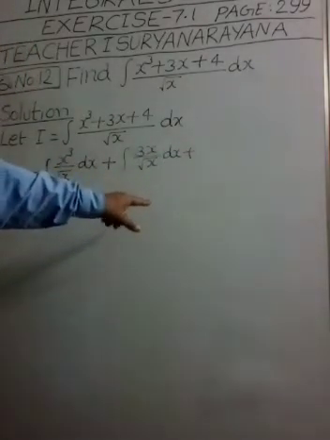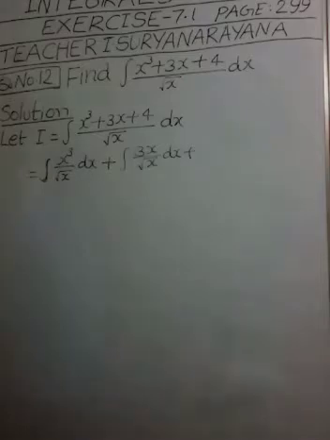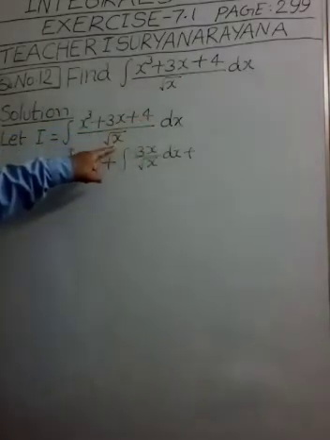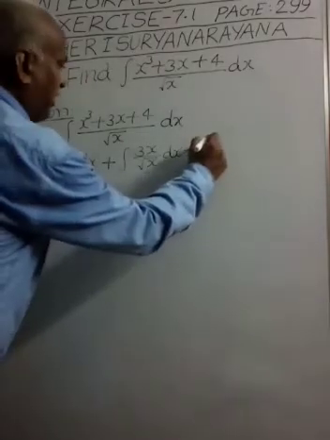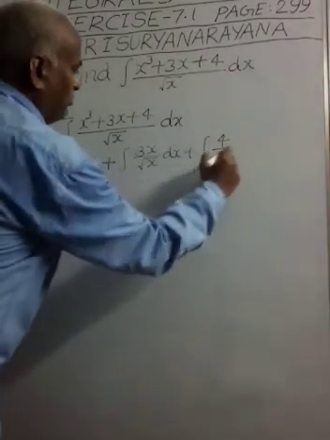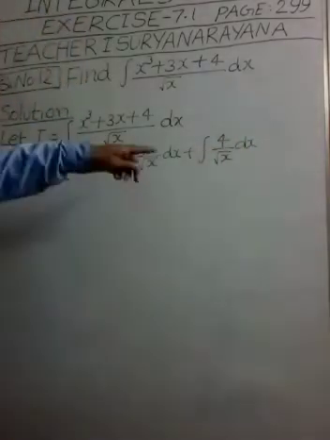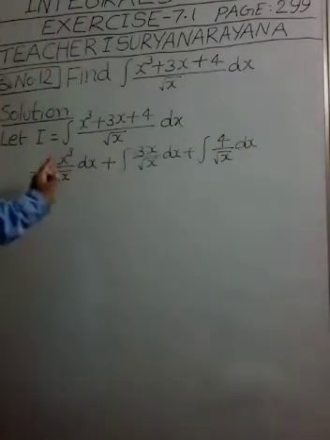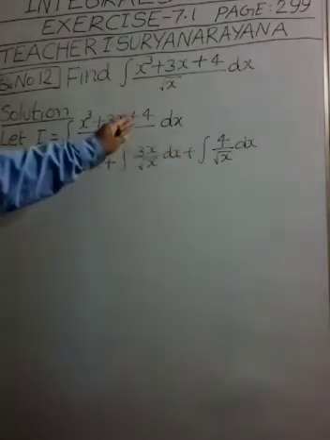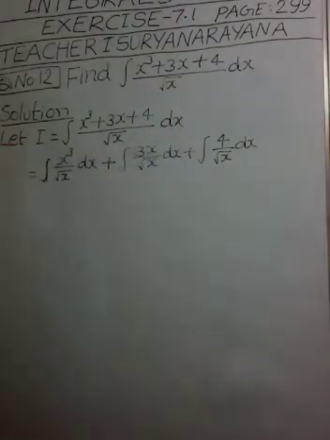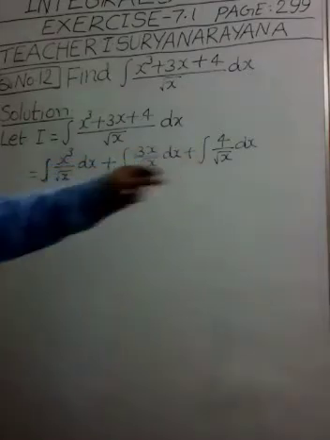This is the second term. Understood the second term, my children? Right. Plus for the third term, integral 4 by root x dx. Understood this last term, my children? Just we have split the given integrand into three integrals. Okay, my children, understood this step?